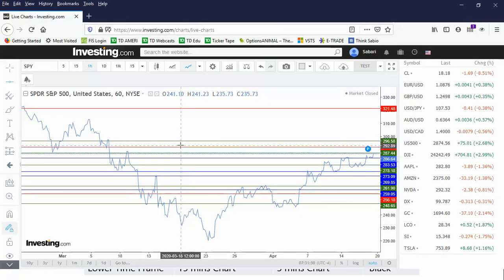Green color is daily support and resistance. For hourly chart, I drew blue color to identify support and resistance. I'll tell you what are the rules to draw these support and resistance lines.